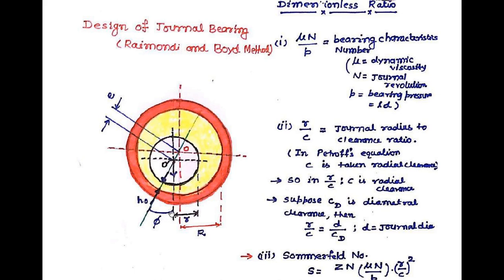This position is defined by the load acting on the journal. This angle is phi. This is the journal radius r, this is the bearing radius capital R, and the distance between the center of bearing, O, and center of journal, O dash, is called eccentricity E.